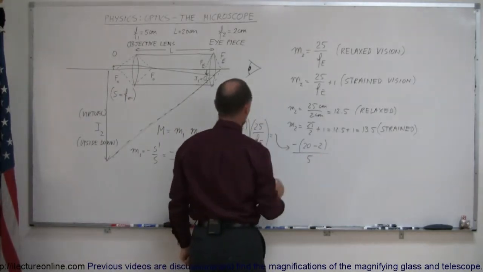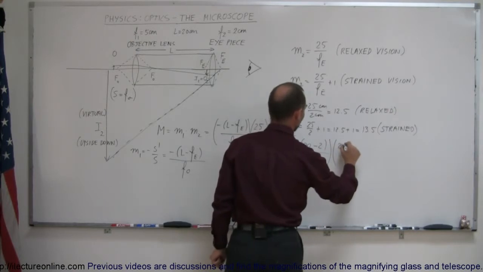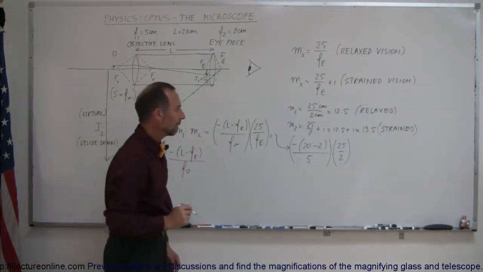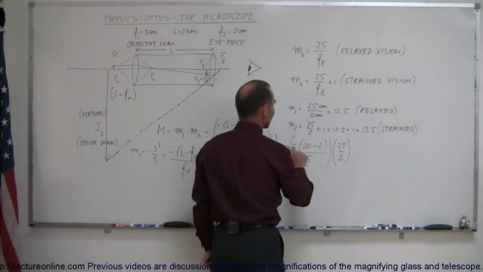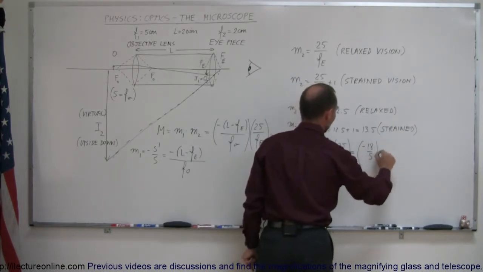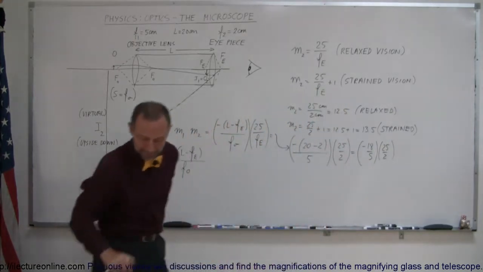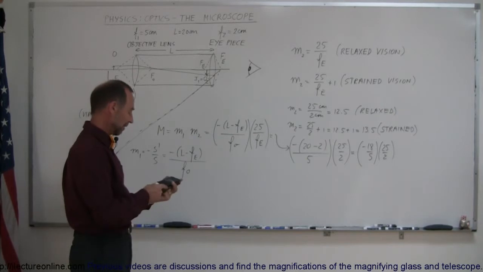And so we multiply that times 25 over 2, because we're using relaxed vision. Now, 20 minus 2 is 18, times the minus is minus 18, so that's minus 18 over 5, times 25 over 2. We already know that 25 over 2 is 12 and a half, then we multiply that times 18 over 5. Let's see what we get.